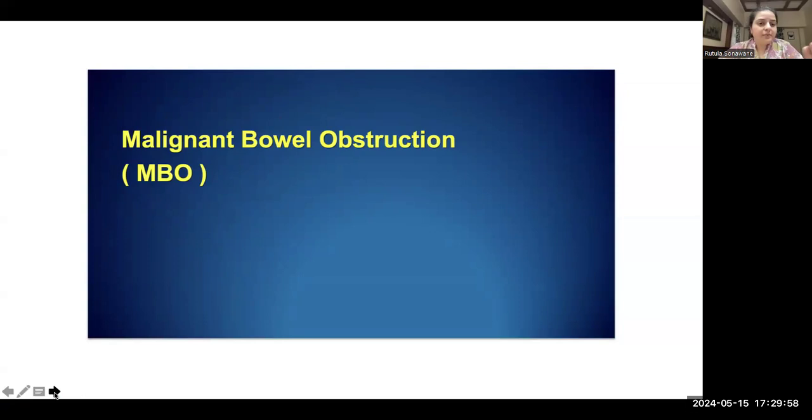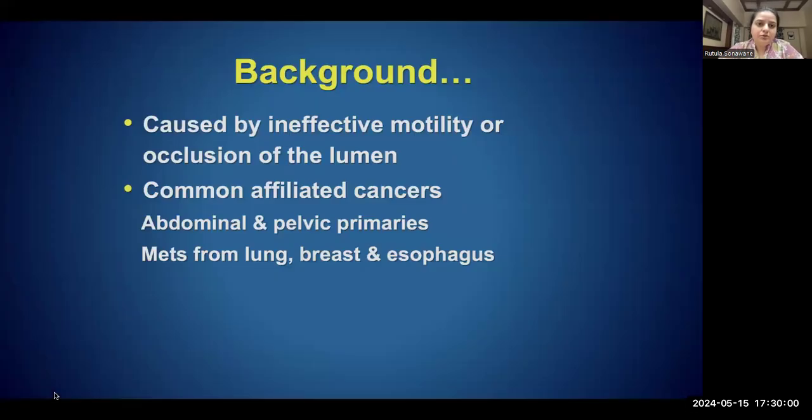Okay, now coming to malignant bowel obstruction. So basically, it is because of ineffective motility or occlusion of the lumen. So it mainly occurs in abdominal or pelvic malignancies, but sometimes might also occur because of metastasis to the peritoneum, from lung, breast, or esophageal malignancies as well.